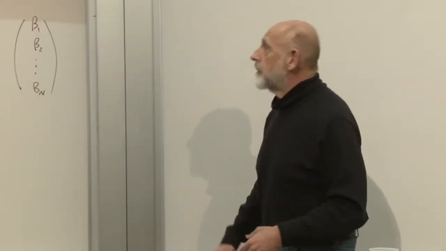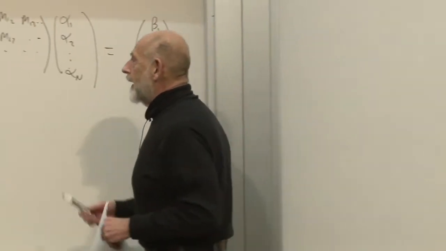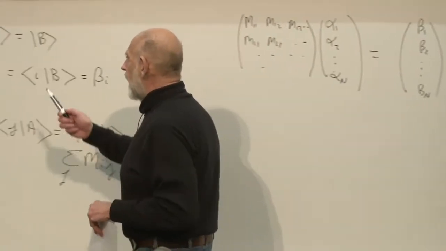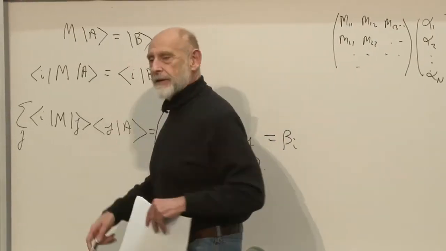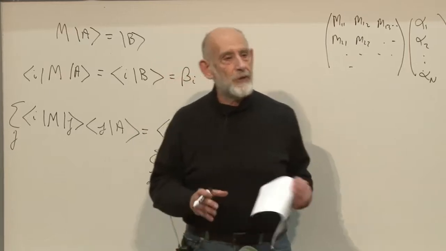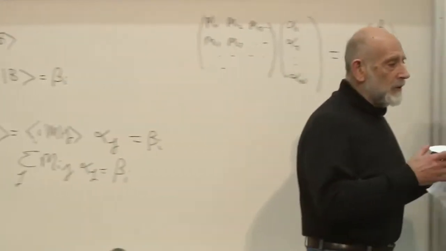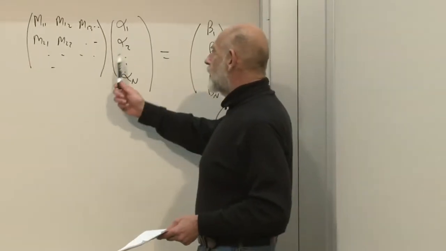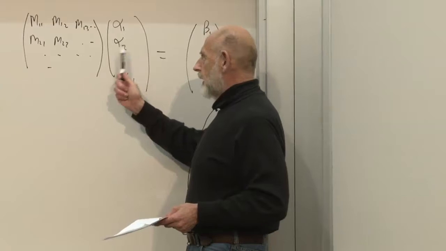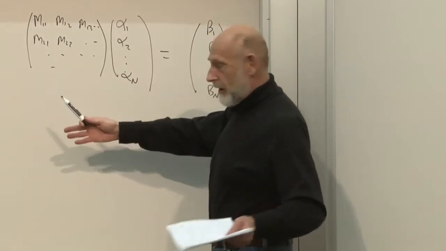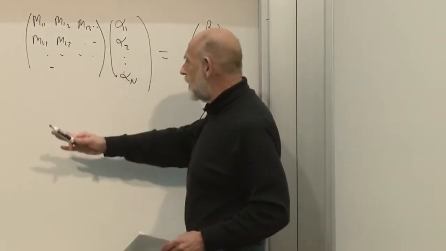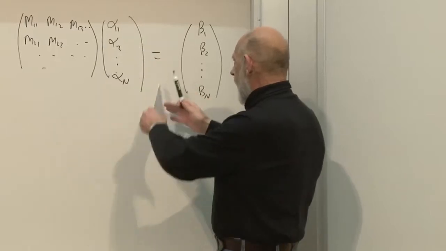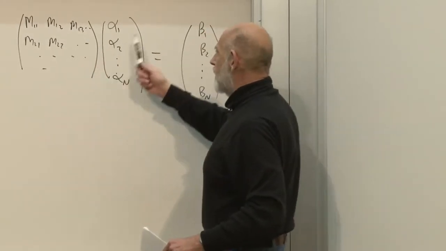And so you lose something and you gain something by going to a matrix type representation. What you lose is the geometric idea of a relationship between two vectors that's independent of the basis choice. What you gain is a computational, actual mechanical algorithm for producing the output. Here is the machine. The machine is a matrix, and what it does is it grinds through M11, alpha 1, and so on.